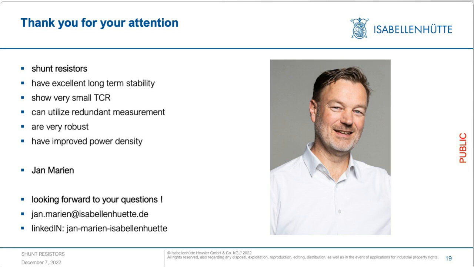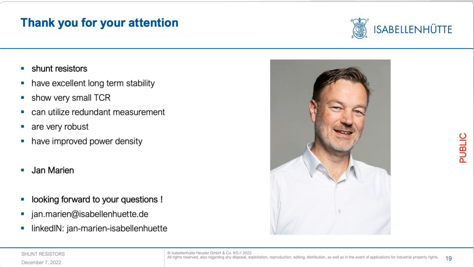Why do you choose full metal shunts for SMD applications? Well, there are different technologies available for shunts, and each technology is preferable for a given range of resistance values.